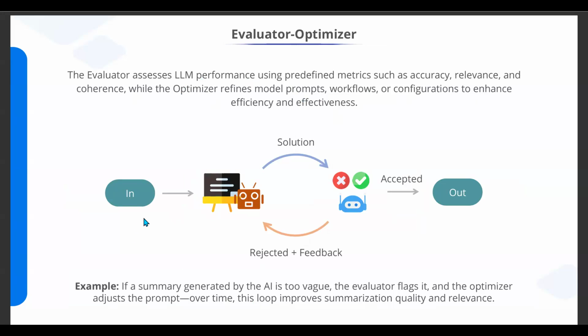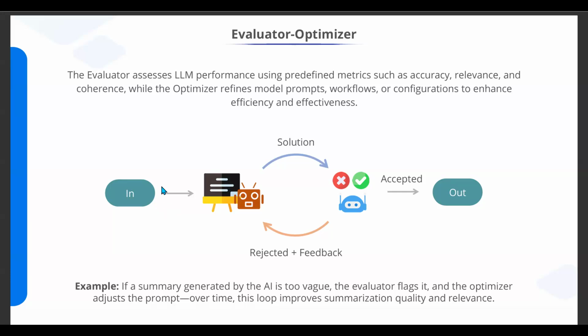It is taking the input. The evaluator checks the AI output using the predefined rules. It checks for accuracy, relevance, completeness, and clarity. Whereas the optimizer improves the solution if the evaluator finds problems.